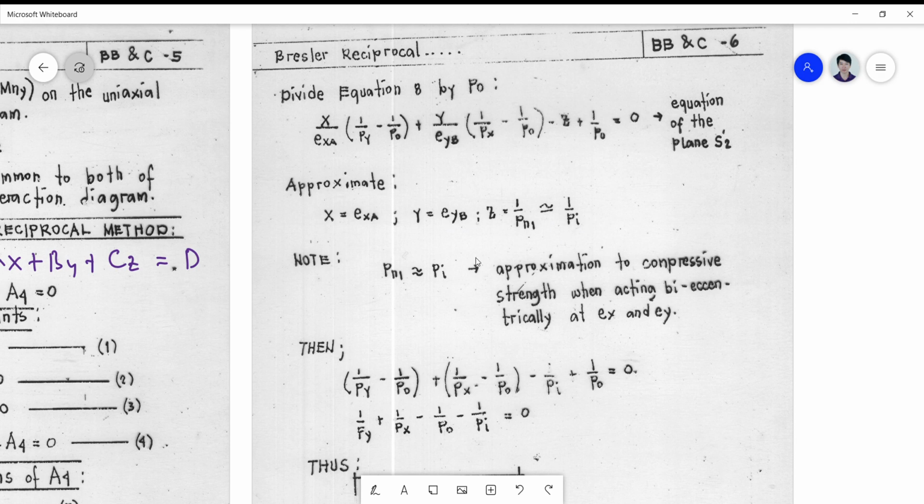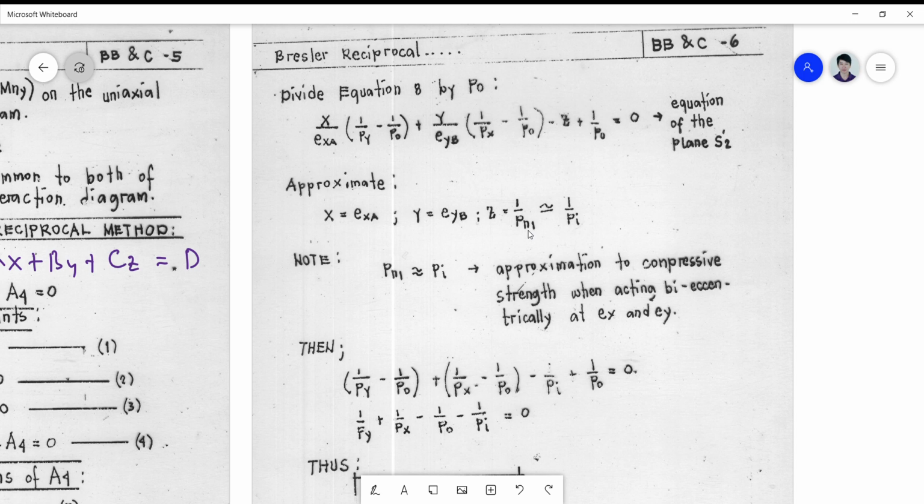Okay? So take note that your p is approximate. Therefore, your Pn here will not be the actual force because sometimes there will be an error.